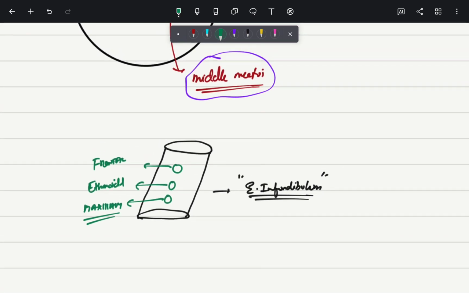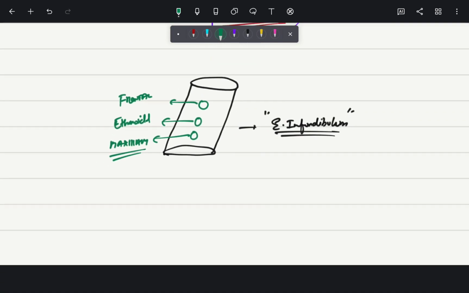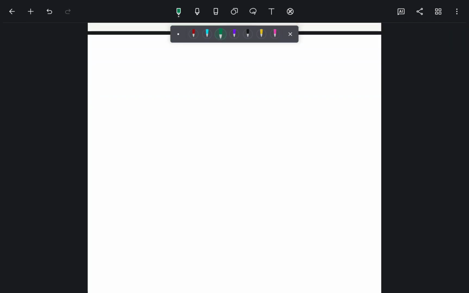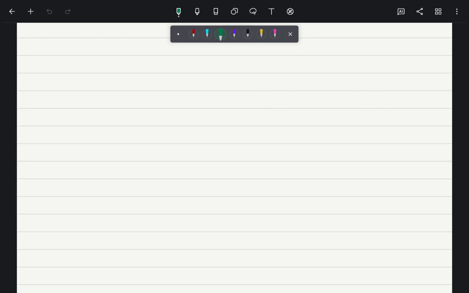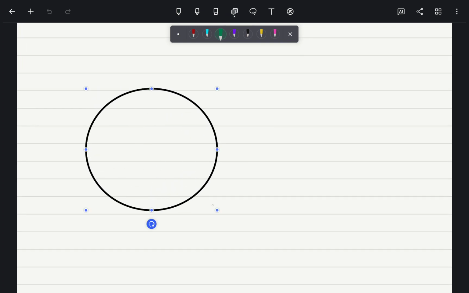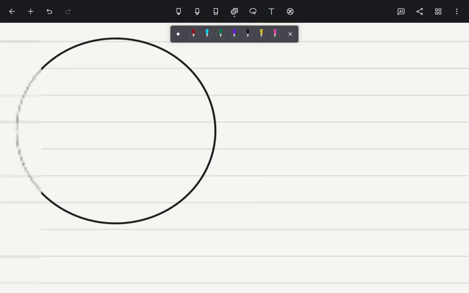Okay, now what is meant by osteomeatal complex? I want everyone to draw the diagram again. So here is your nose. This is the middle turbinate, right?